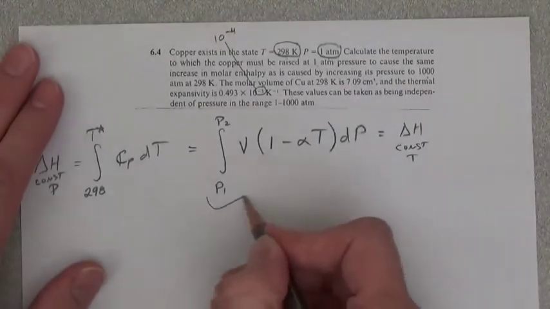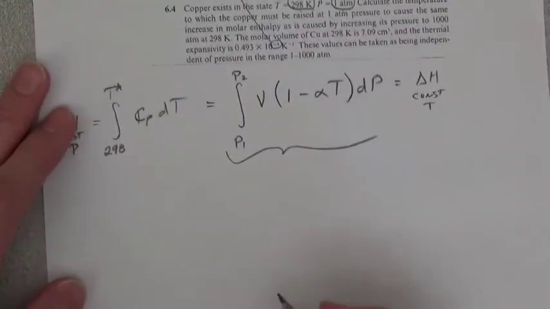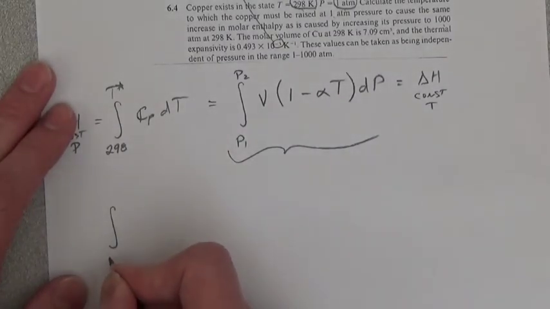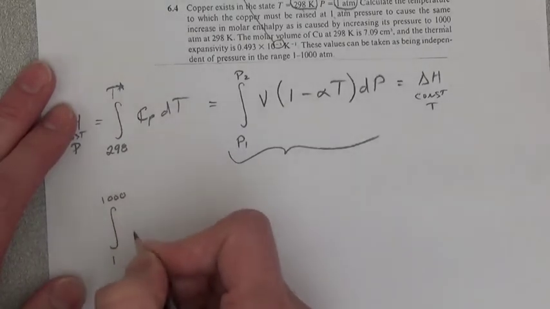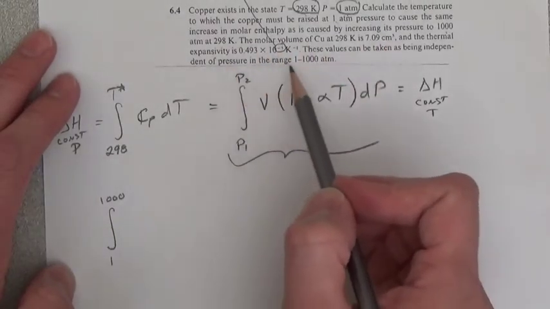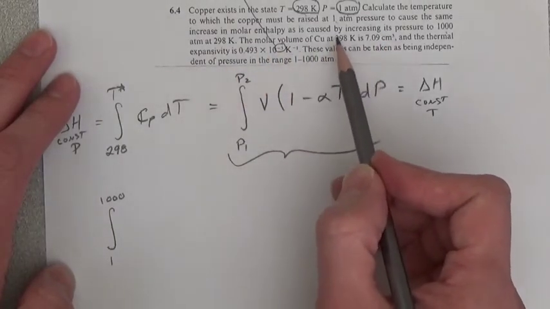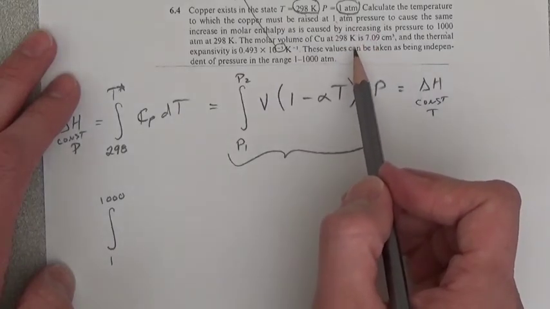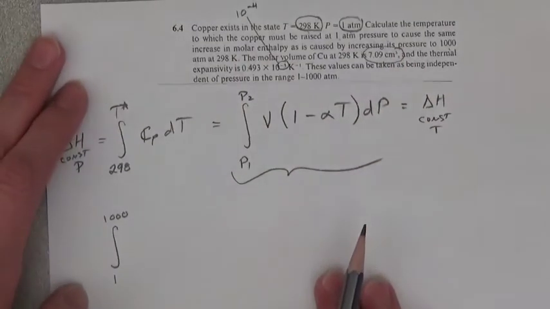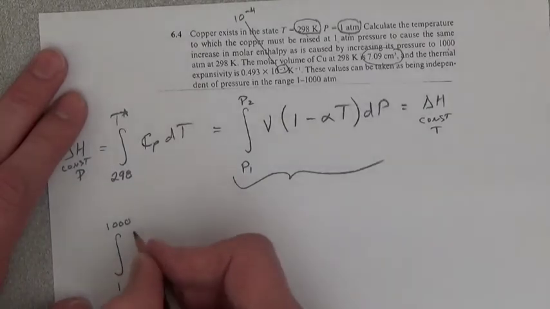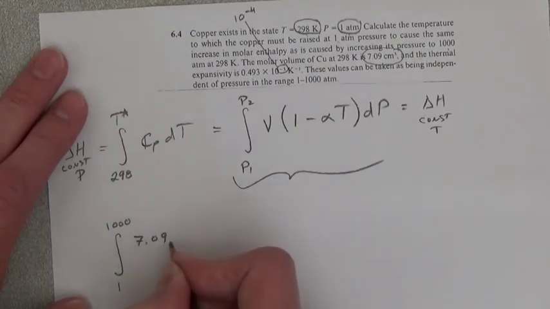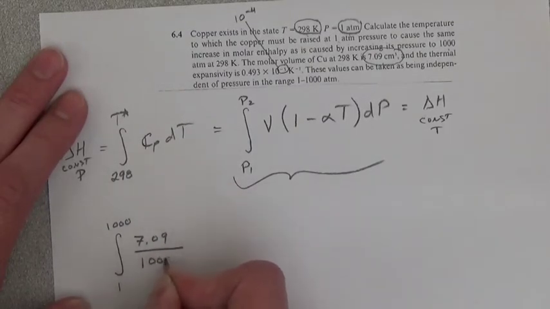Okay, so let's get this first. That's the integral from 1 to 1,000 atmospheres times V, which is given as, where's that at? Here it is, 7.09 cubic centimeter, and we're going to be working in liters, so that is 7.09 divided by 1,000.